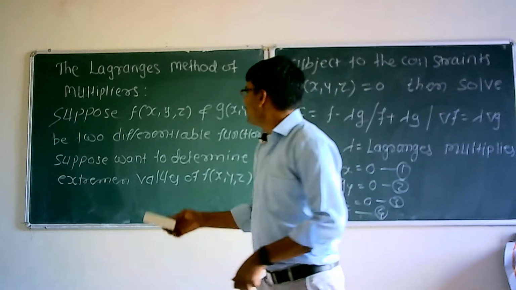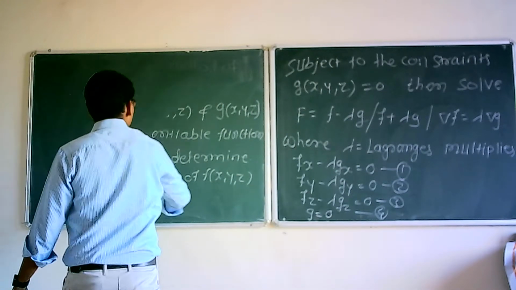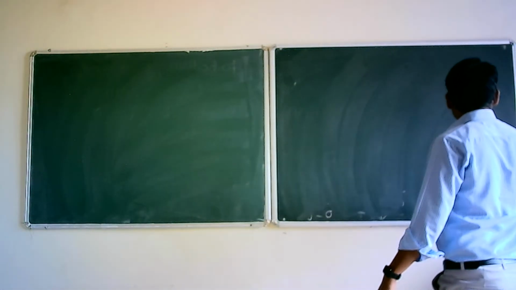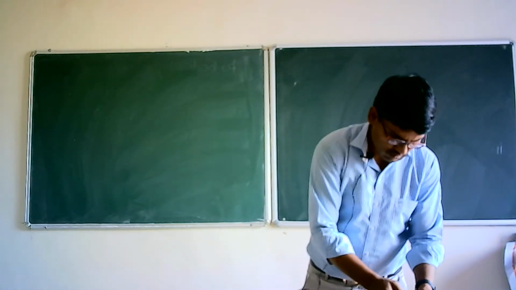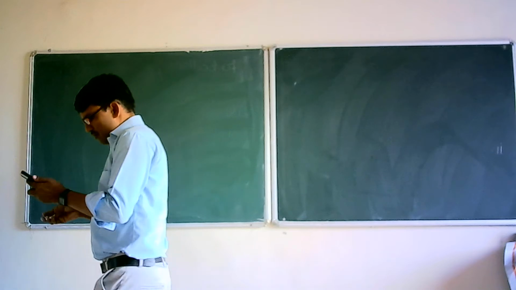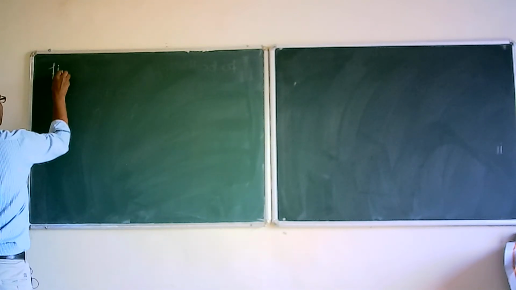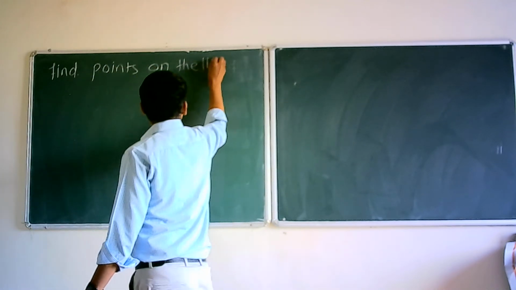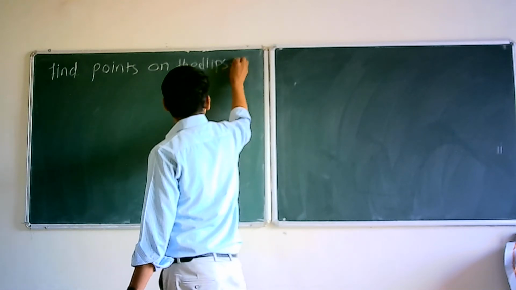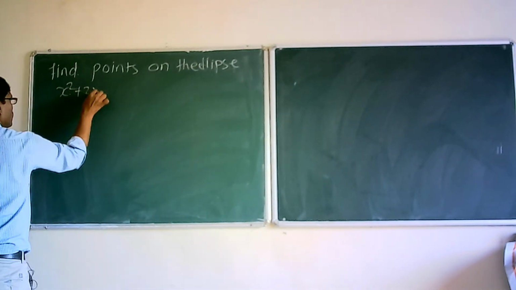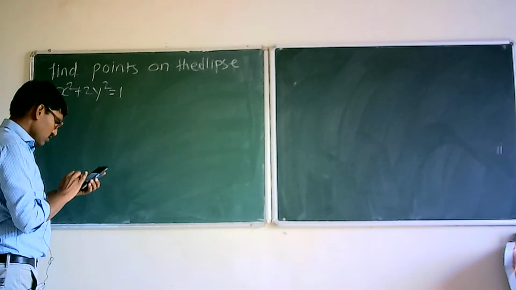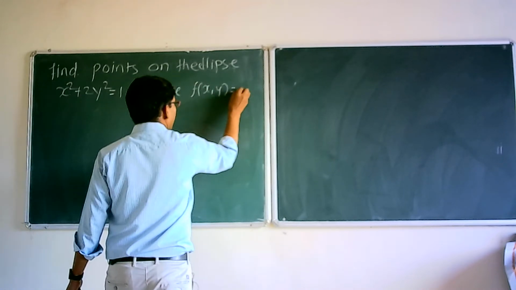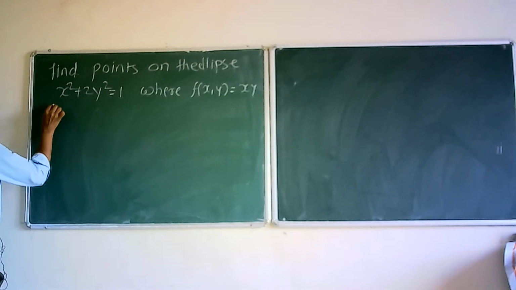For example, consider this: find points on the ellipse x square plus 2y square equal to 1, where f of xy equal to xy has its extreme value.